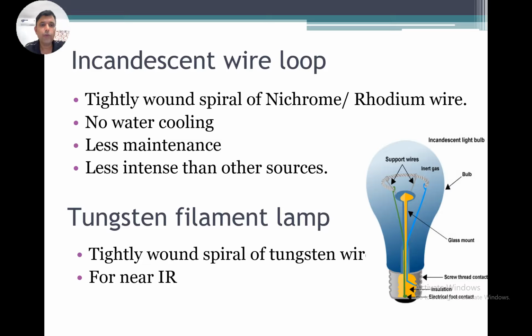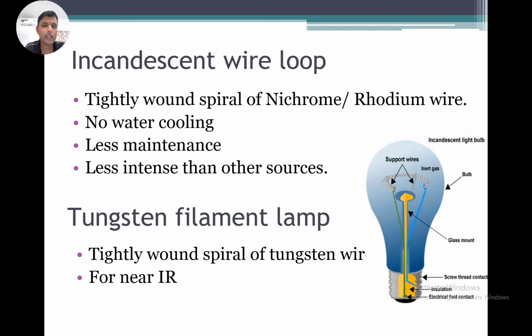The main advantage is that it does not require any water cooling because it won't produce that much heat. That's why no water cooling jacket is required, and the maintenance is very little. The main disadvantage is that it produces less intense radiation as compared to other sources.